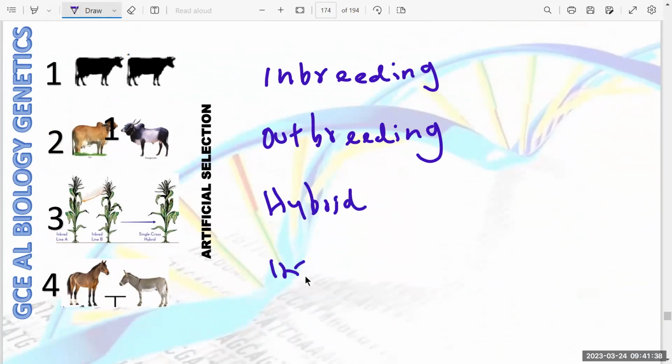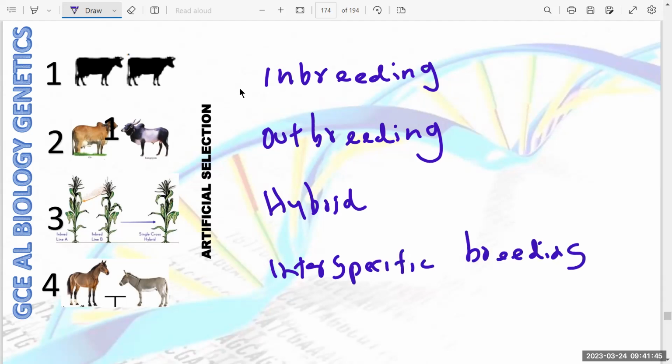Last one, interspecific breeding. Okay, inbreeding, outbreeding, hybrid breeding, and interspecific breeding. So currently, these 4 methods are used as selective breeding methods.